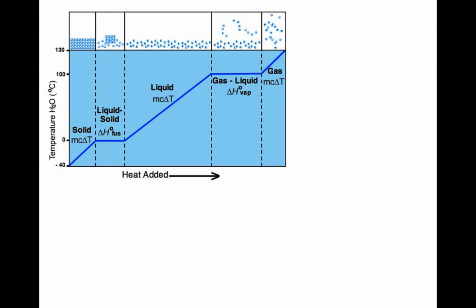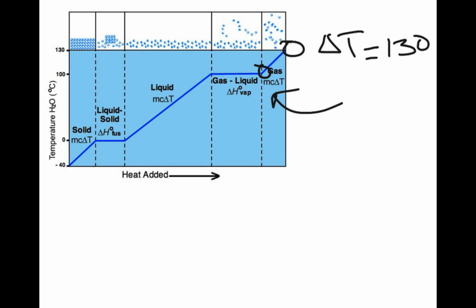Our last calculation is interval 5. This is where we're going to increase the temperature of steam at 100 degrees up to steam at 130 degrees. Delta T, final minus initial, 130 minus 100. So for this interval, the temperature of the steam has changed 30 degrees.